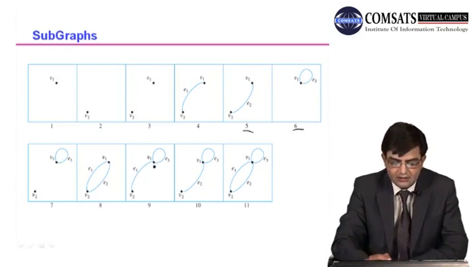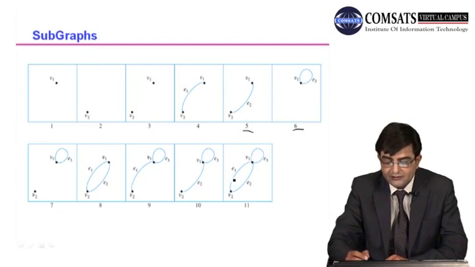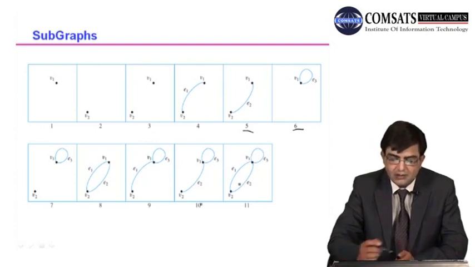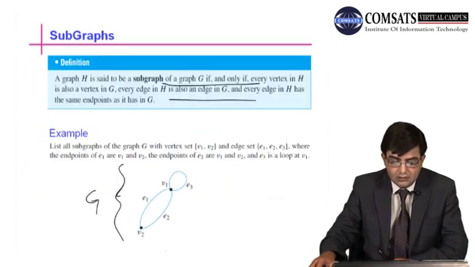The ninth graph is V1, V2, E1 and E3. The tenth graph is V1, V2, E2 and E3. And the eleventh graph is the whole graph G, which is also a subgraph of G. So these are all possible subgraphs of this graph G.